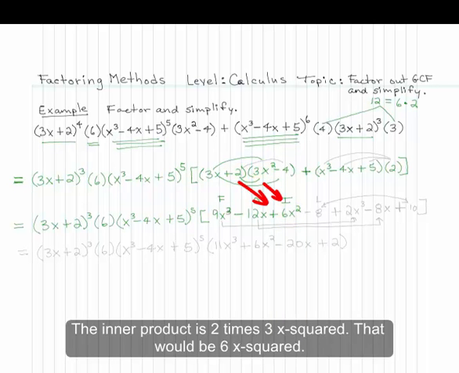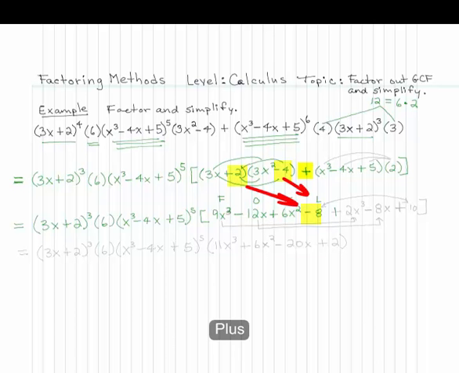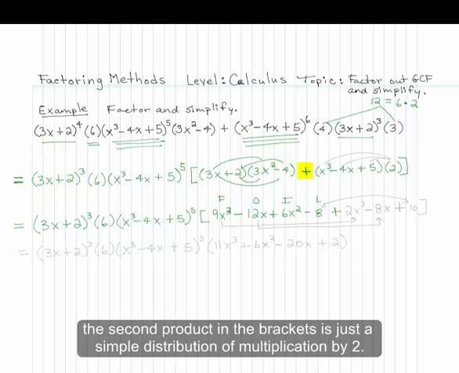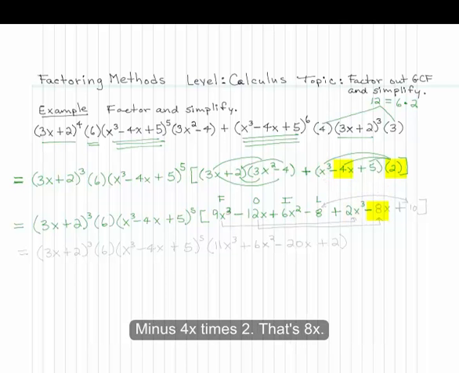And the last product we need is positive 2 times negative 4, which is a negative 8, plus the second product in the brackets, which is just a simple distribution of multiplication by 2. So I'm taking 2 times x cubed, that's 2x cubed, minus 4x times 2, so that's 8x, and then 5 times 2 is 10.